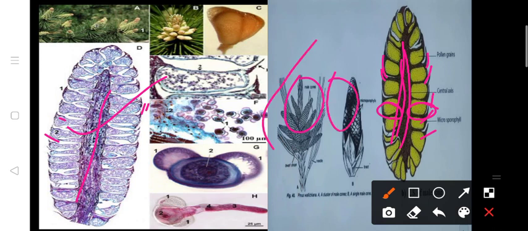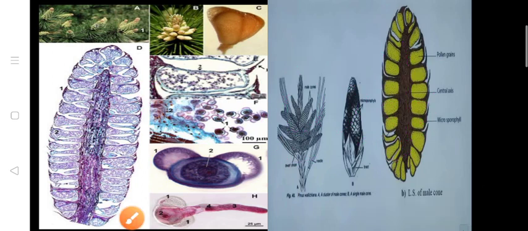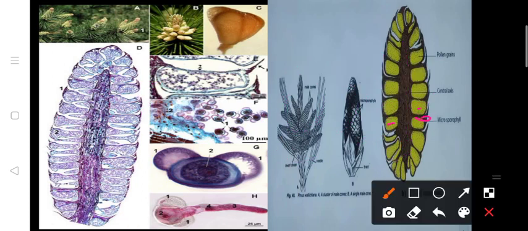Two pouch-like microsporangia, also called pollen sacs, are present on the abaxial or under surface of each microsporophyll. Each microsporangium has many microspores or pollen grains.